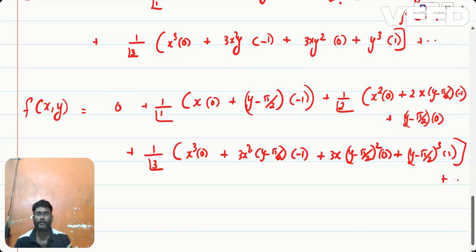Final simplification we get f of x comma y will be equal to 0 here, 1 y minus pi by 2 outside will be minus 1 plus 1 by 2 factorial x square 0 and there 0. So you will get minus will be outside. I can take the minus out.